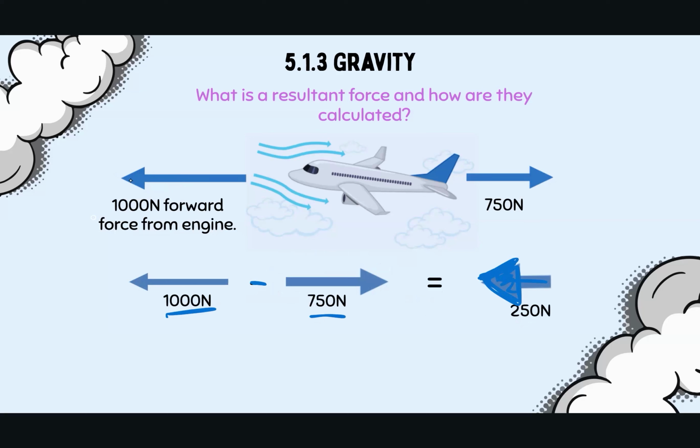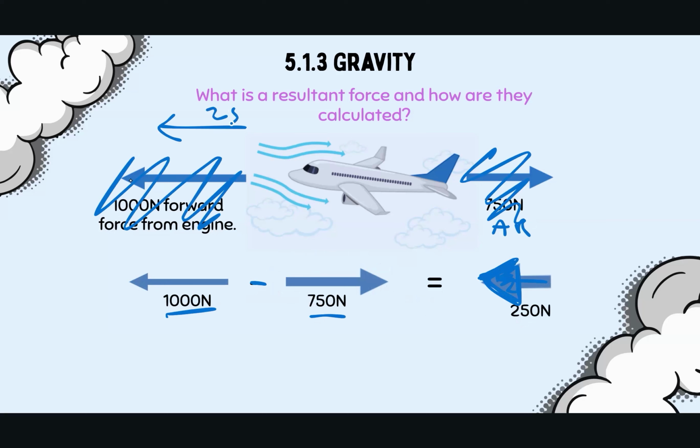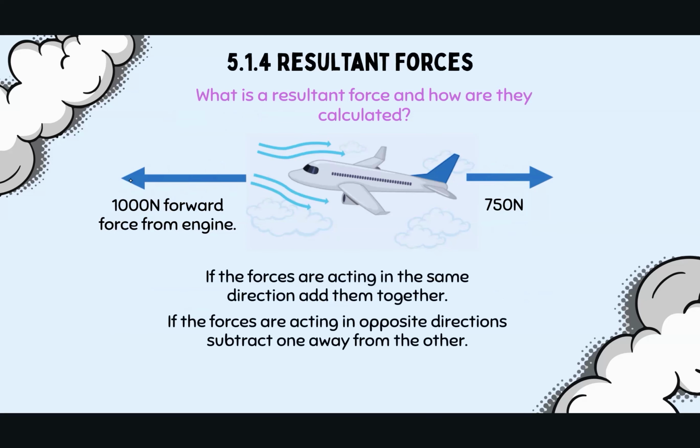So rather than writing here 1,000 newton forward force on the engine and 750 air resistance, we could get rid of all of that and just put one arrow and write resultant force. So if forces are acting in the same direction, you add them together. If forces are acting in opposite directions, we subtract them, as we just saw.